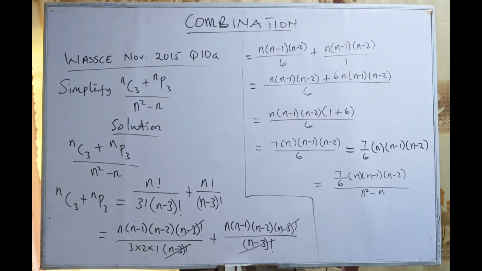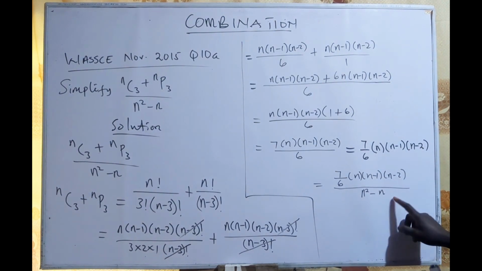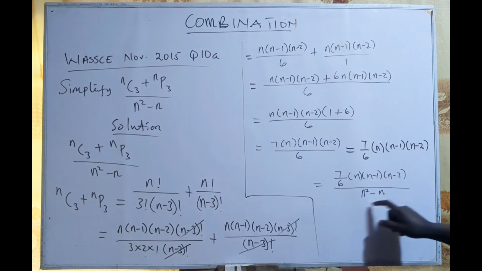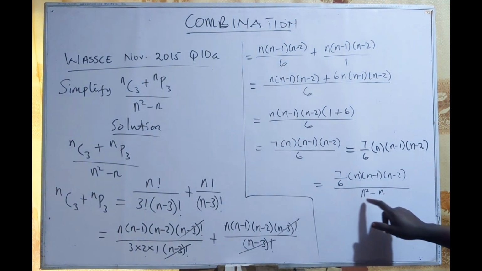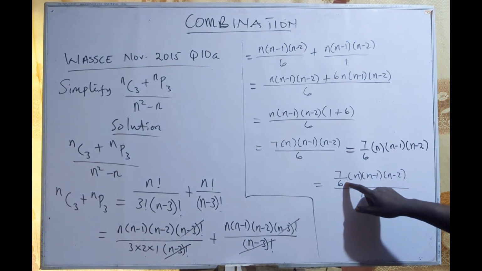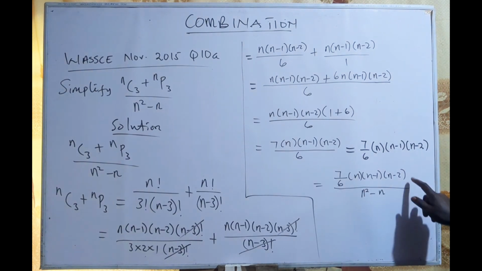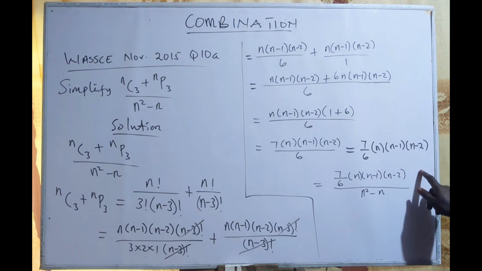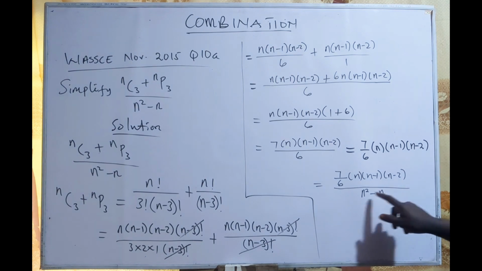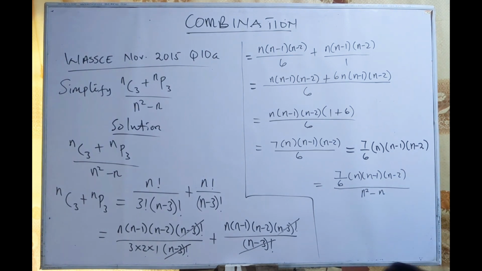Alright, so this is what we can have here. Because this is division, because this is a denominator, and here this is also a denominator, so this one can go and multiply this. Or even if the whole of this denominator, when you multiply and reciprocate, it will be times 1 over n squared minus n.